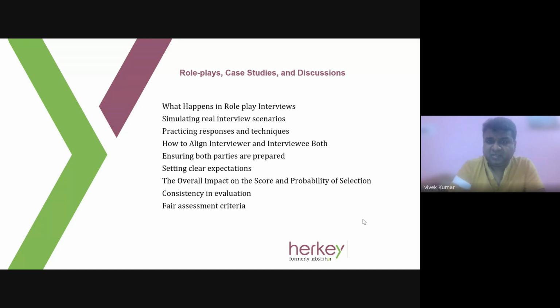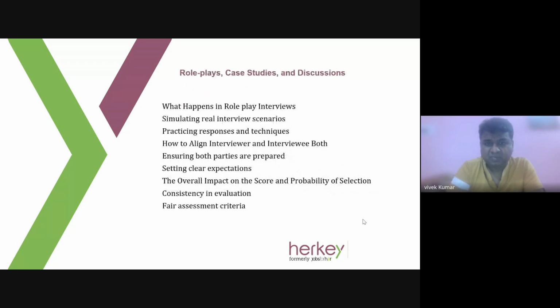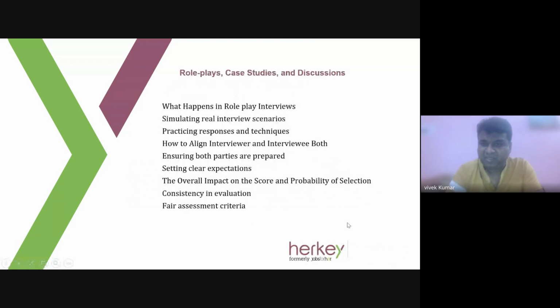So I think this is what we are going to do now. When I say role playing, I don't want to go into role playing related to the interview process because that is not our objective today.